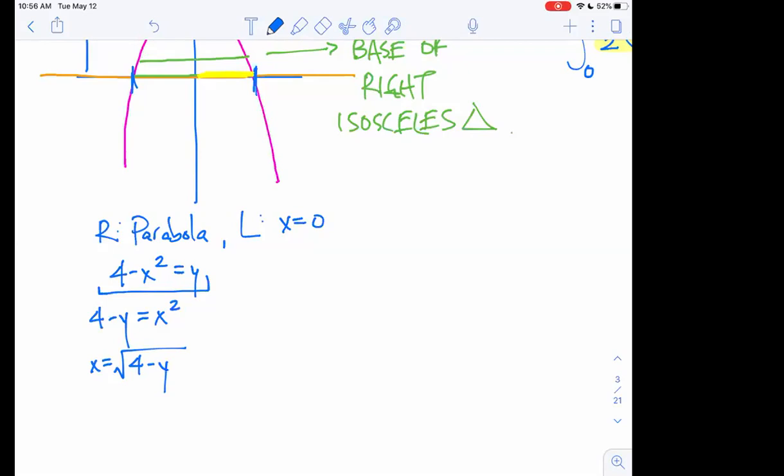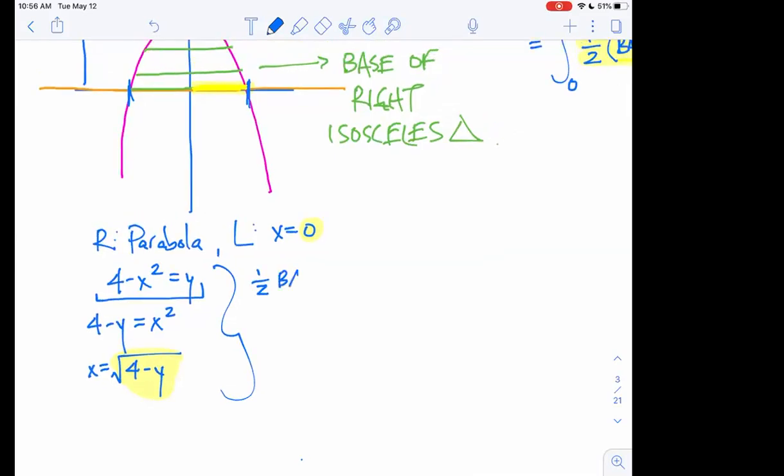Now my right minus left will give me this distance right here, so half of the base. So half of the base is equal to the square root of 4 minus y minus 0.